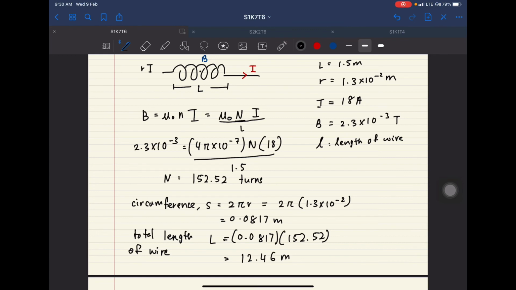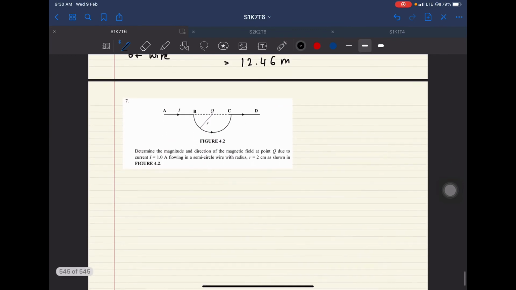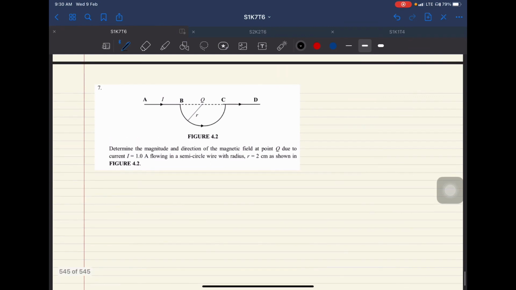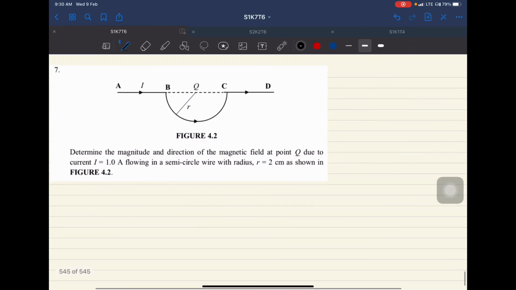Okay. And then we're moving on to the last example, and the last example is actually from your tutorial questions. It says: determine the magnitude and the direction of the magnetic field at point Q due to the current I equals 1 ampere flowing in a semicircle with a radius of R equals 2 centimeter, as shown in figure 4.2. So they want to determine it at point Q over here.